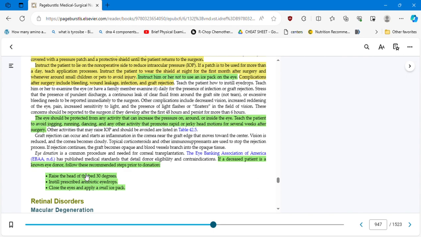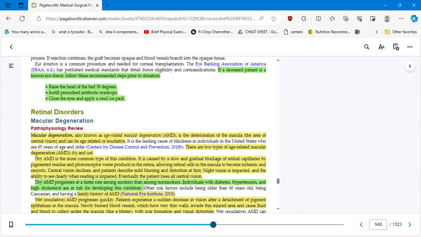If a deceased patient is a non-eye donor, follow this recommended step prior to donation. And especially all nurses that are going to work in a hospice need to follow these protocols. It is very important, right? Because some organs are going to be very, very important for other people in order to save their lives.